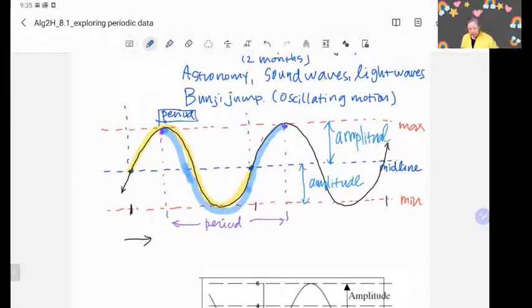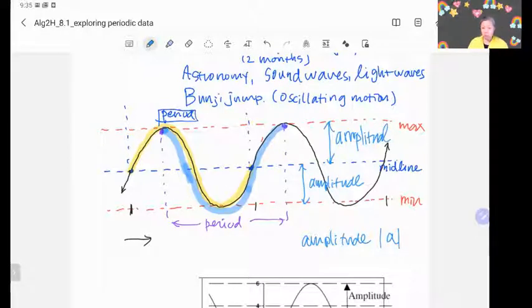It could be positive or negative if we consider the midline to be the 0 level, right? So usually the amplitude is an absolute value.